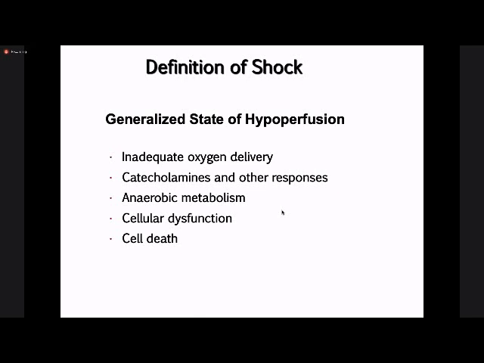At whatever the cost, the body will try to maintain circulation to the heart and the brain at the expense of other organs. However, if the body can't maintain, then the tissues will go into anaerobic metabolism. That is something you can detect with the arterial blood gas. You will find the patient is acidotic, plus there is an elevated level of lactate. So cellular dysfunction and cellular death are the ultimate effects of hypoperfusion due to hypotension due to bleeding. That is what we need to identify quickly and correct.